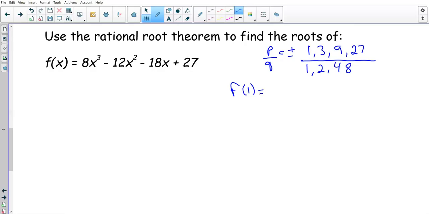So if I put in x equals 1, I get 8 minus 12 minus 18 plus 27. So that gives me f of 1 is equal to 5. So that's useless. So let's try f of -1.